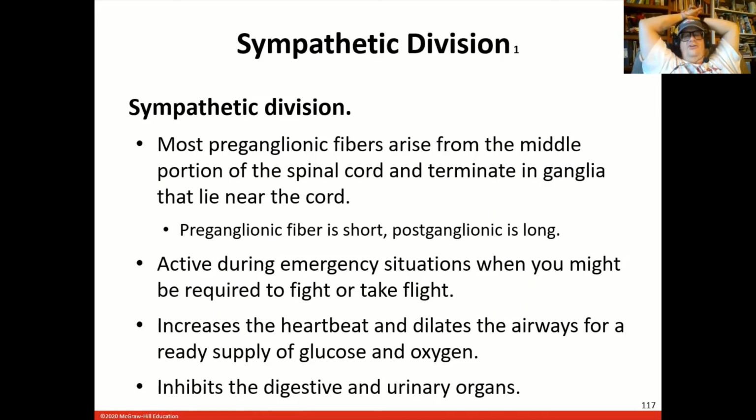This is also going to slow down and inhibit the activity of your digestive tract and your urinary organs. You don't really have time to be making urine when you need to be running for your life. You don't really have time to digest that meal.